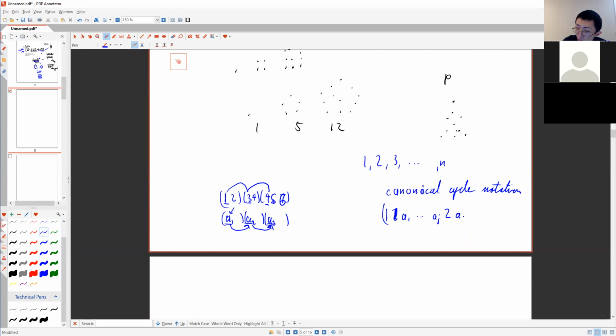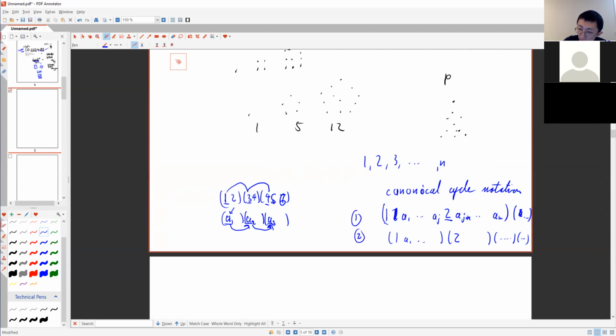So, you could have either this be the case, and then some other cycles, or you could have 1 be part of a cycle and 2 be part of another cycle. And then you have some other cycles. So there's only 2 cases.